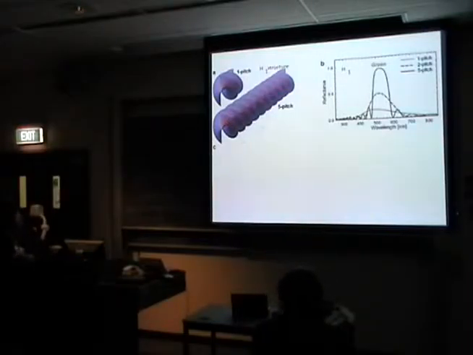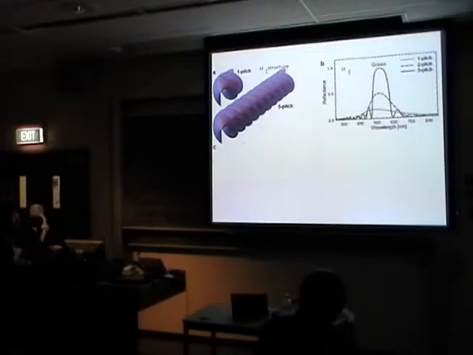This is the cholesteric with 1 pitch thickness and 5 pitch thickness. Then the reflection bands change like this. If the thickness is very thin, then the reflectance is low, but the bandwidth becomes very large.